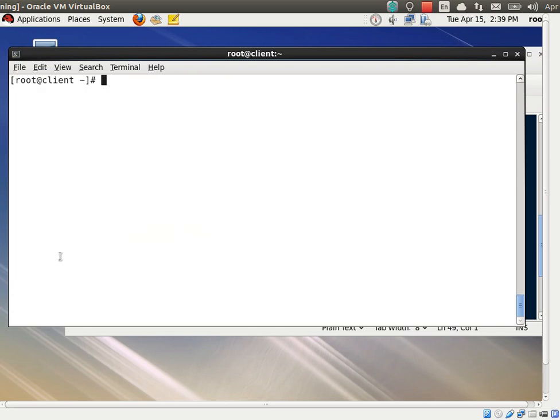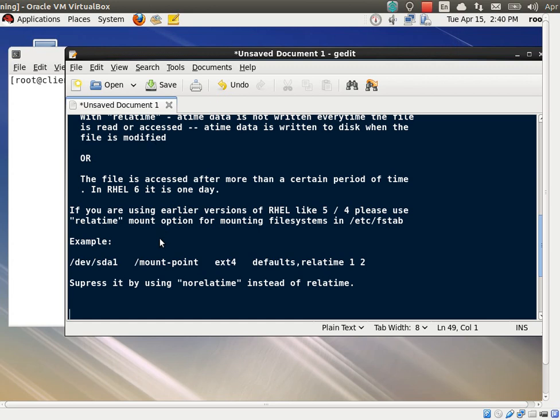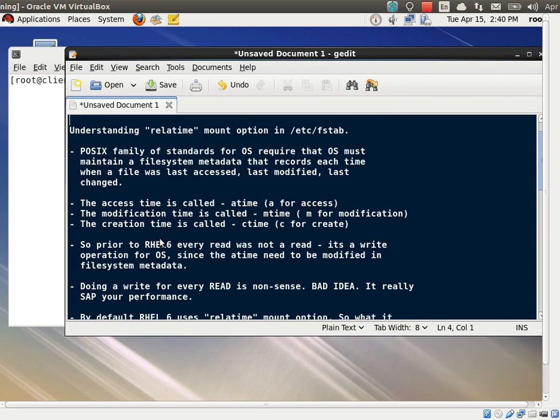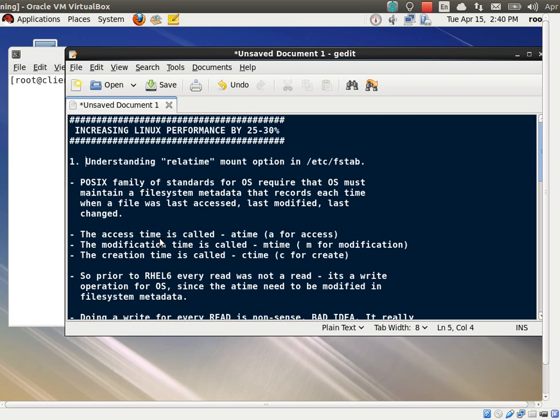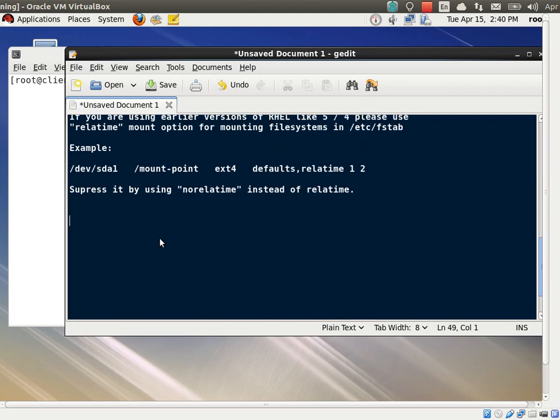The second thing that you should be doing is using barriers. So the first thing was understanding the relatime mount option, and the second thing is understanding the barrier mount option in /etc/fstab.